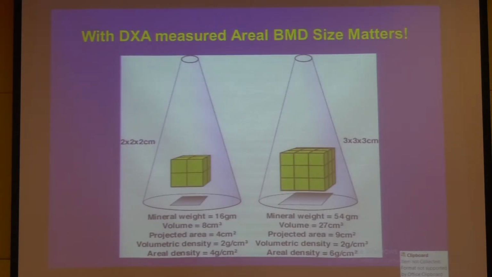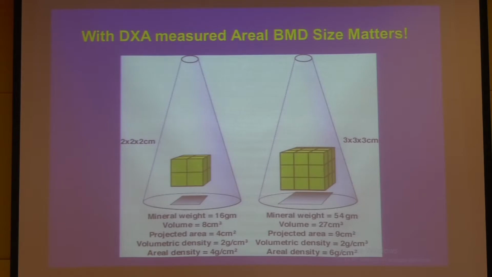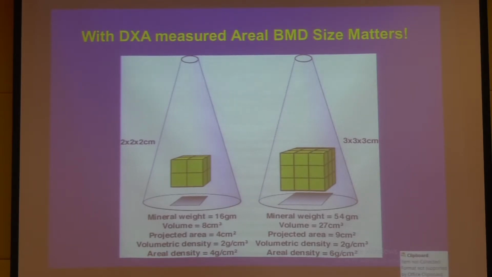So why is DEXA such a challenge in children? Well, I think this is illustrated by these two blocks here. Sorry, I don't have a pointer. These are made from the same material, so they should have the same density, as Archimedes worked out, which is the mass divided by the volume. But DEXA does not measure volumetric bone density, it measures areal bone density.